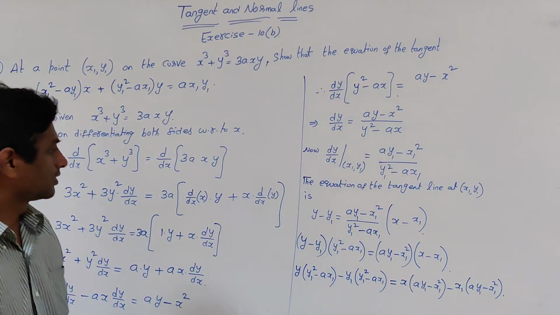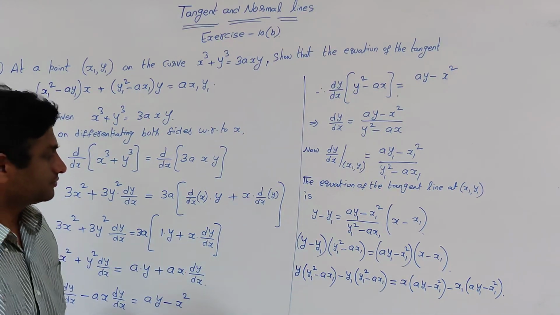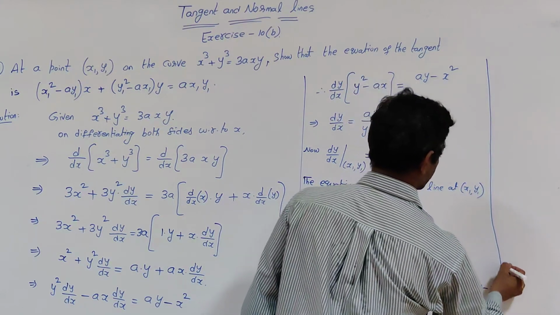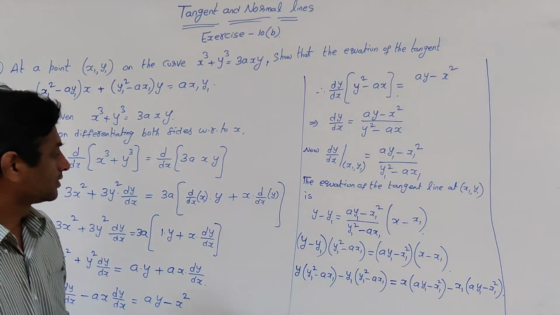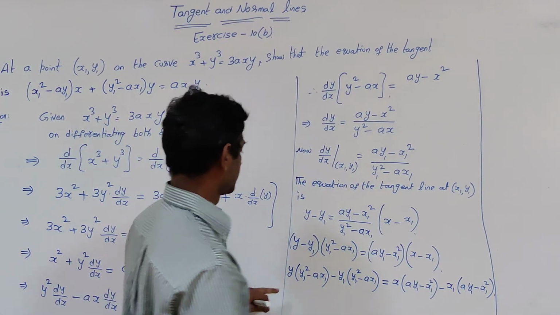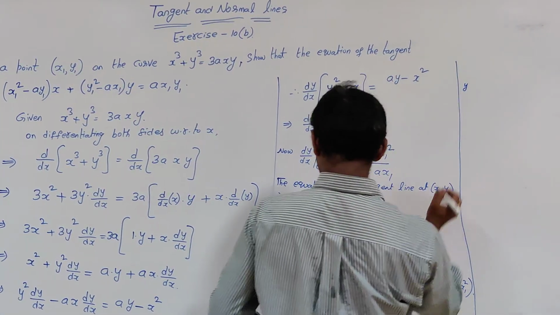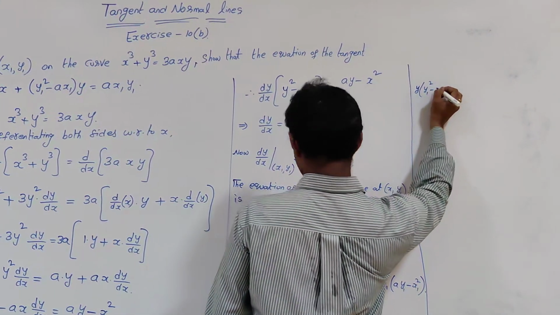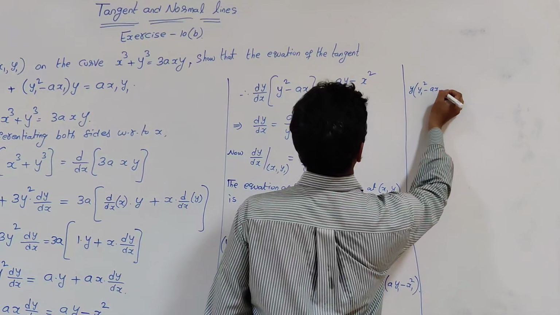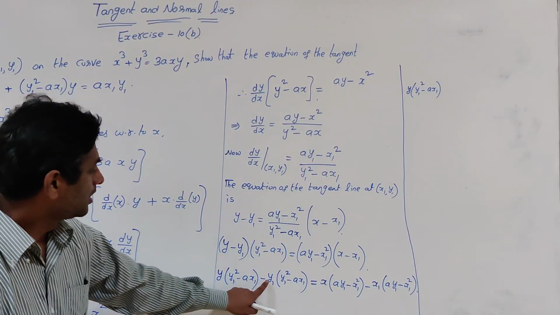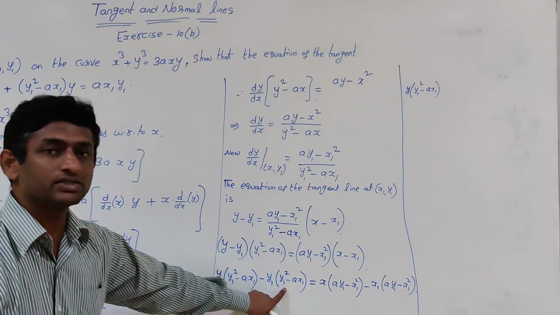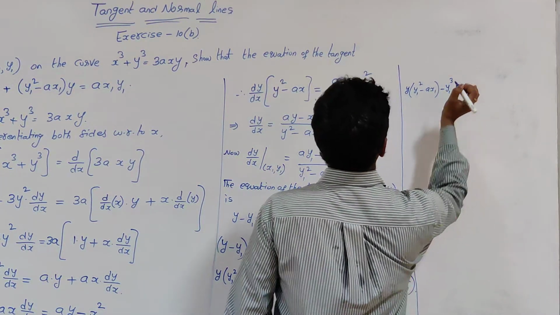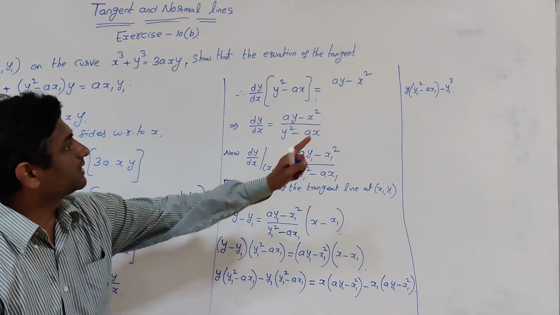Now if we simplify, what happens? y into y1 square minus ax1 as it is, minus y1 into y1 square is minus y1 cube.